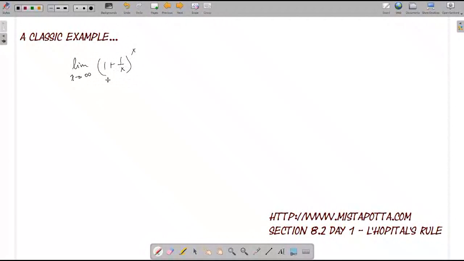Now, in this situation, I've got a variable expression raised to a variable power, and the way that we've dealt with this all year is through logarithms.